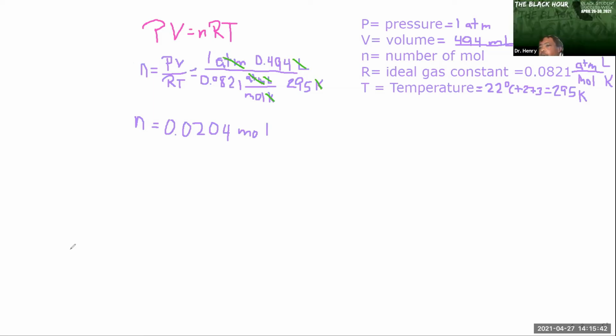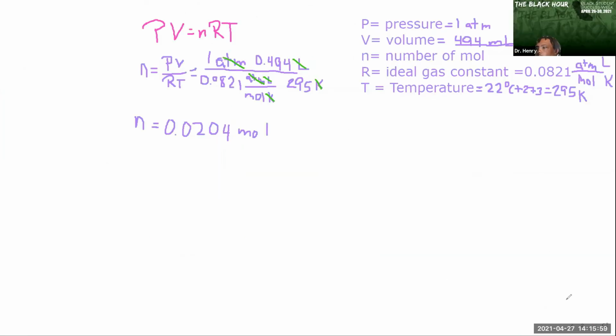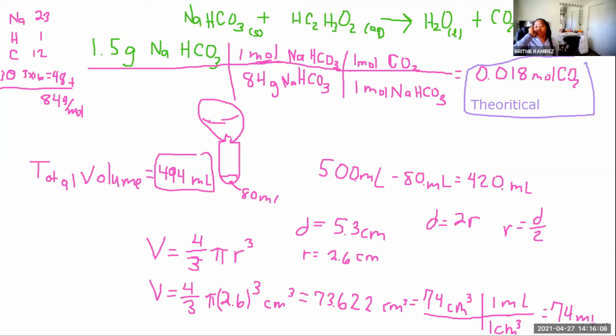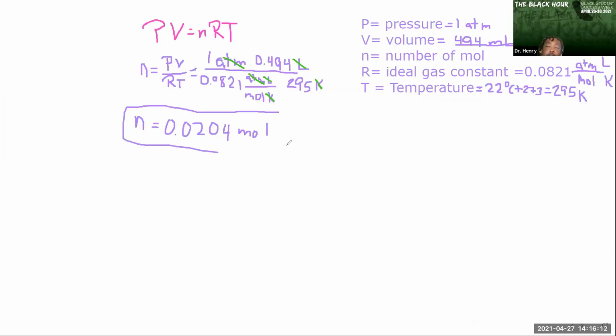Okay, so go back to the other page. This is our theoretical right here, and this was our actual. In this case, our actual is bigger than our theoretical, which is rare.